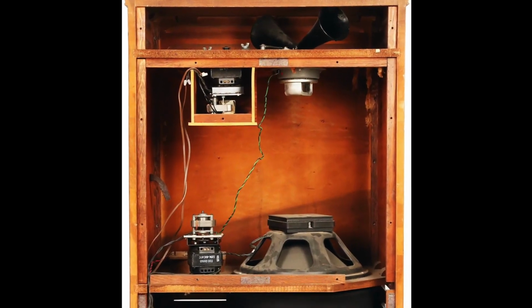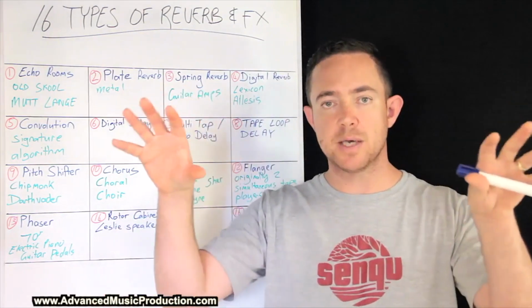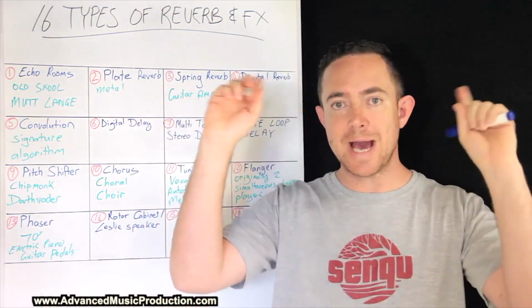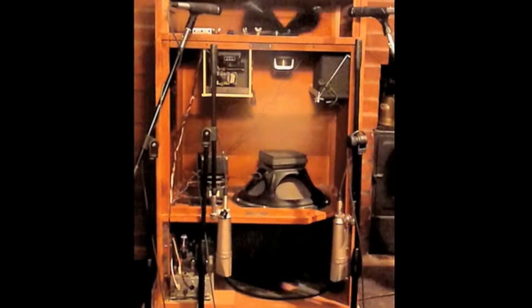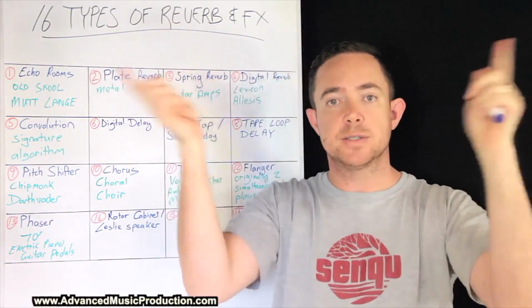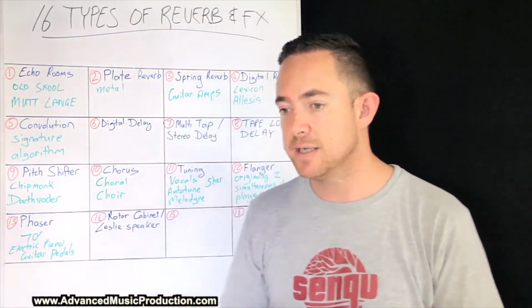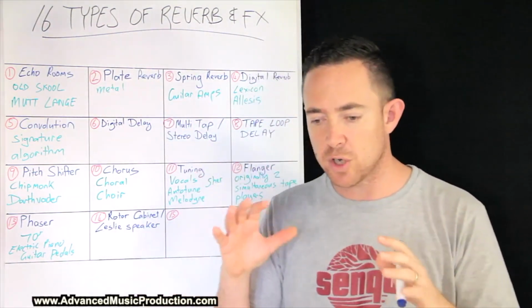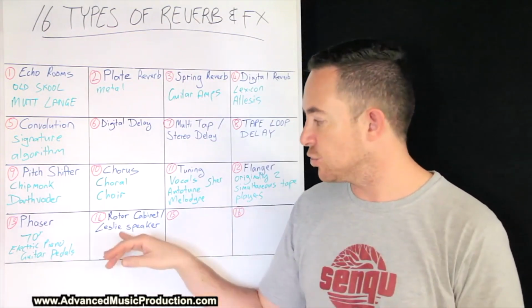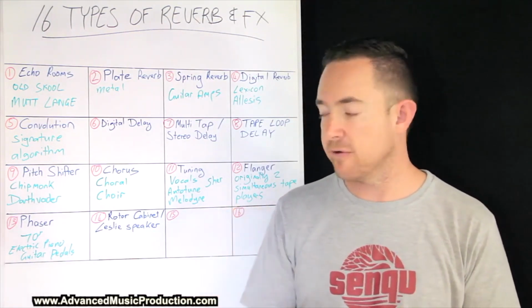This organ had 2 speakers on it, and the speakers used to actually spin around. Can you imagine the sound coming and then going like this? It created what was called the Leslie speaker effect. And a lot of organs are very closely related and synonymous with that Leslie speaker effect.